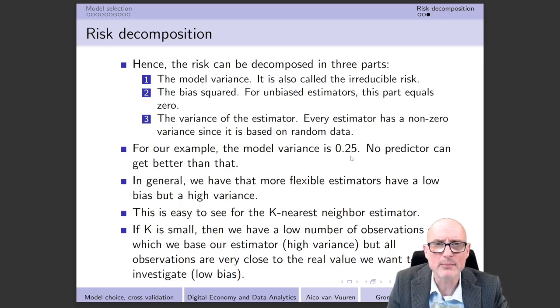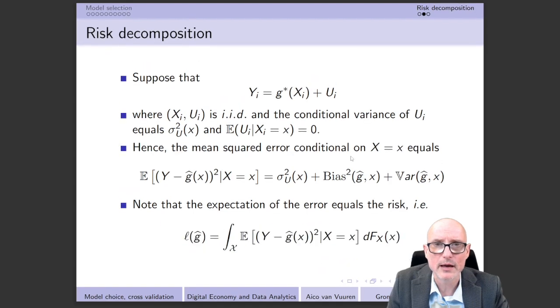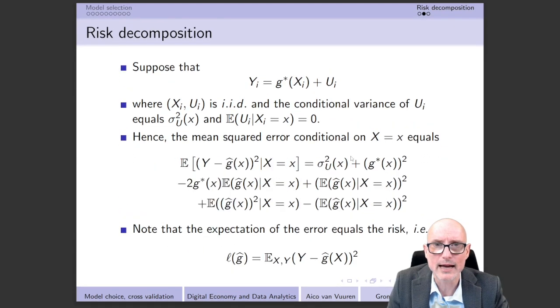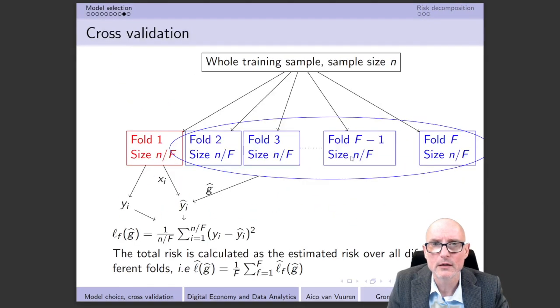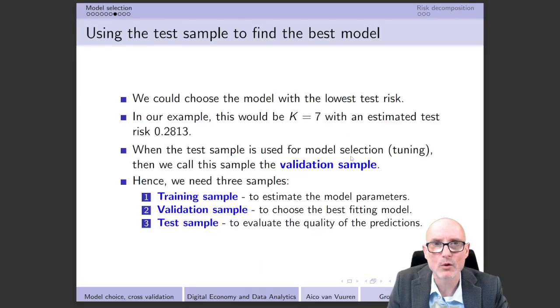And in that sense, it might be interesting to go back to a slide that we had before, all the way over here, because there we were estimating at a particular moment in time our risk based on this very large test sample that we had, and then we found out that for k equal to 7, the estimated risk was equal to 0.2813.